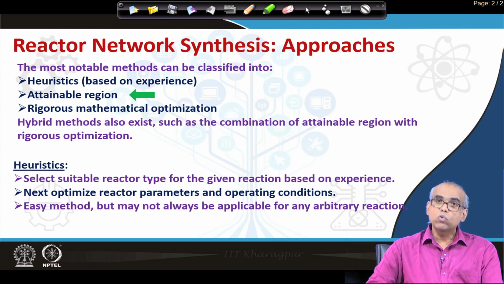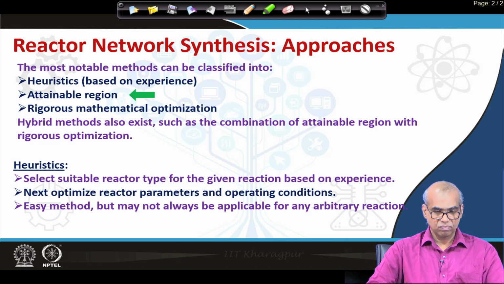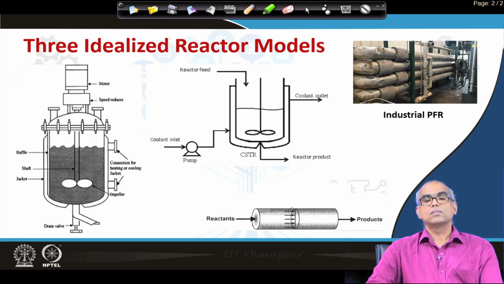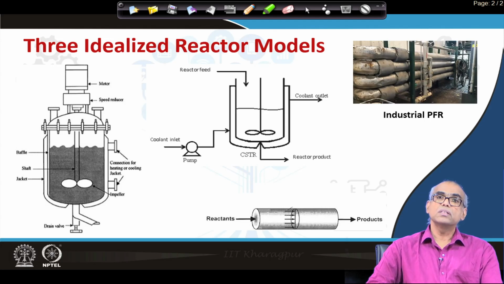So, we will very quickly go through these concepts and then finally towards the end we will discuss certain heuristics which can be used for simple reactions as well as complex reactions such as series or parallel reactions. We will talk about only these three idealized reactor models: batch reactor, CSTR and plug flow reactor.